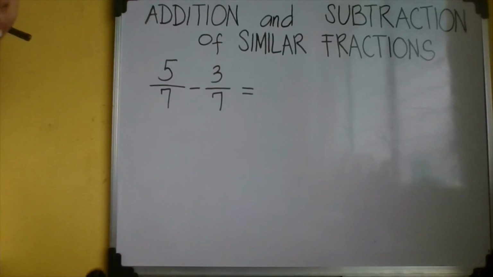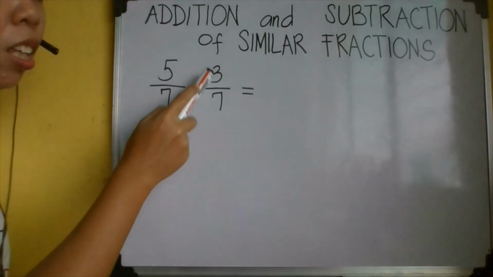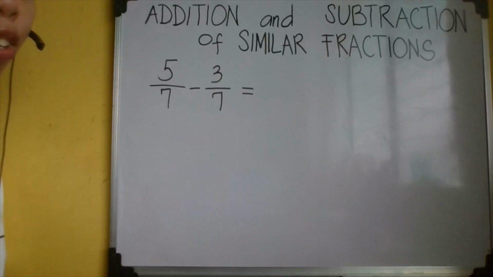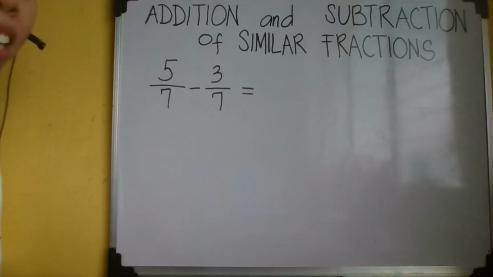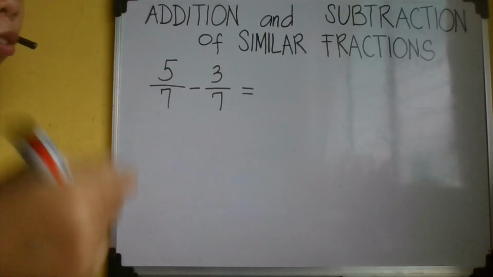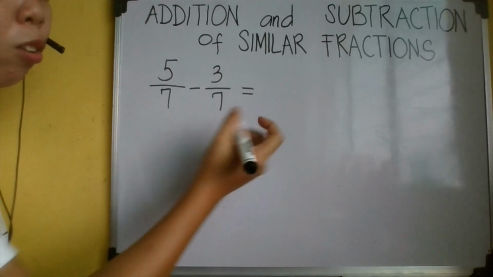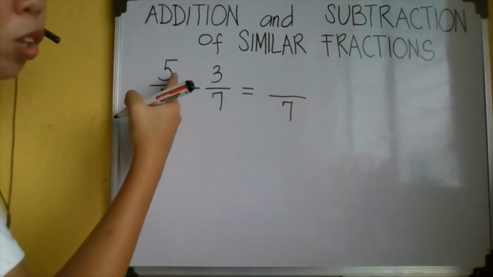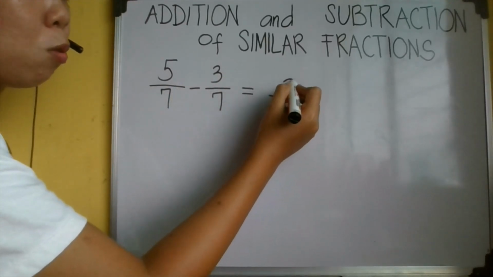Now, let us subtract similar fractions. 5/7 minus 3/7. In subtracting similar fractions, just copy their common denominator and subtract their numerators. Since 7 is our common denominator, just copy, then subtract the numerators, 5 minus 3, and that is 2.